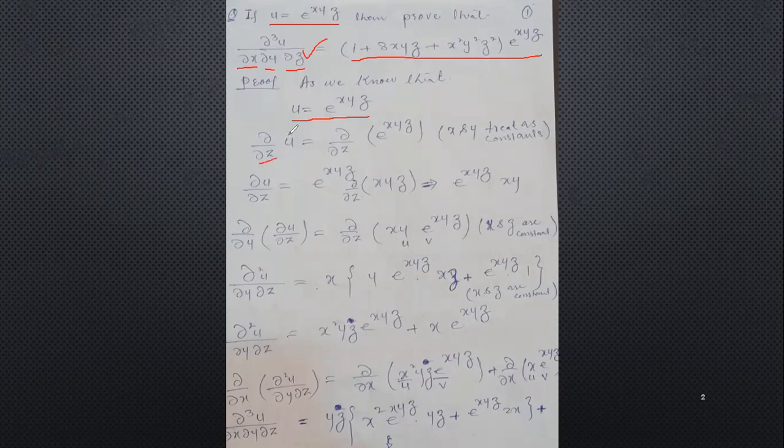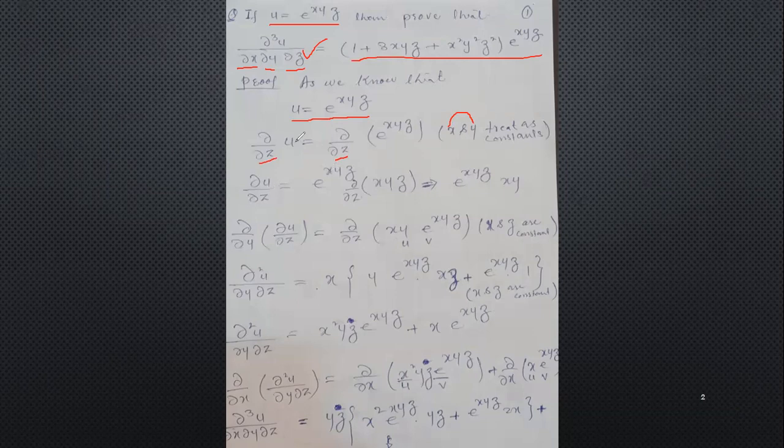So partial derivation of u with respect to z means derivation with respect to z, we multiply with the left hand side as well as the right hand side. Now we are taking derivation with respect to z. X and y are treated as constants.